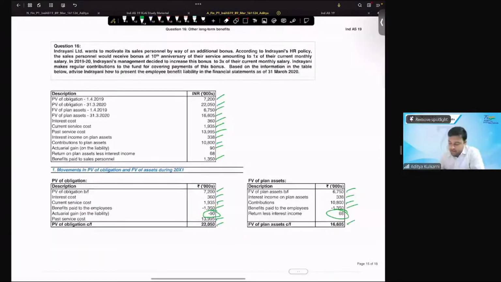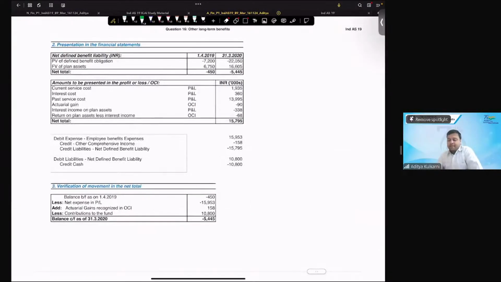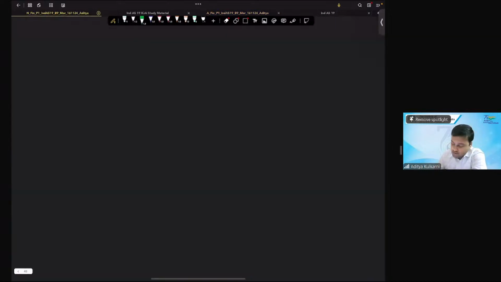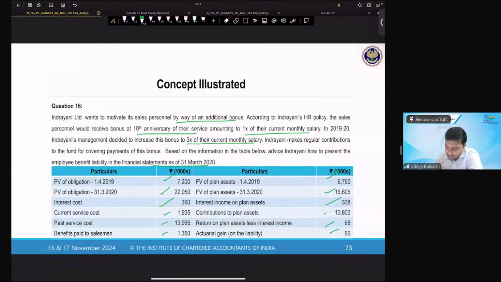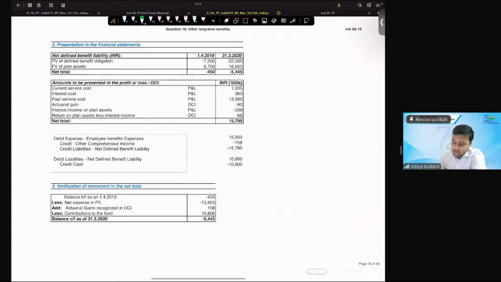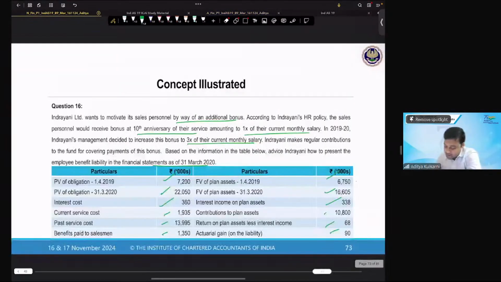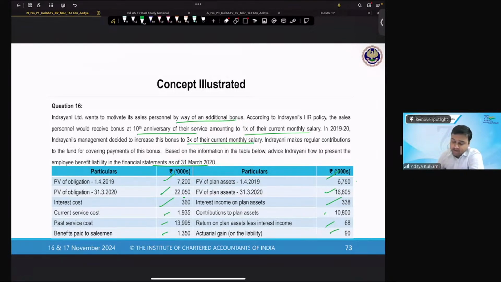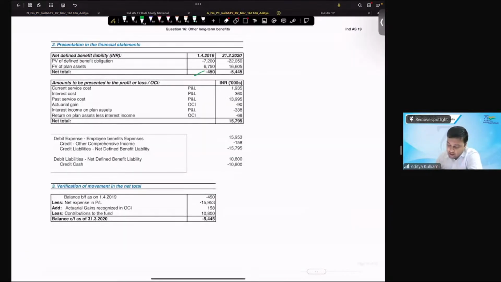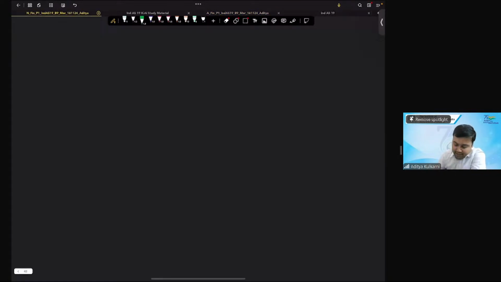Okay, all right. Next, presentation in financials. What are you going to do? 7,200 obligation, 6,750 asset, so 450 will be the net. And next year, closing balance 22,050 minus 16,605, so 5,445.